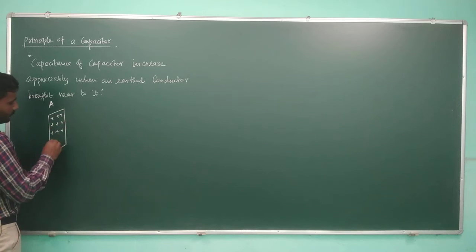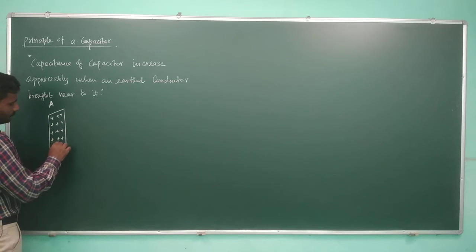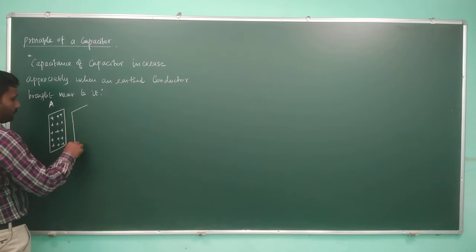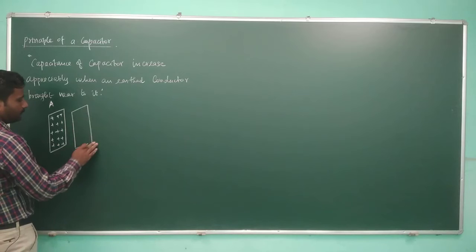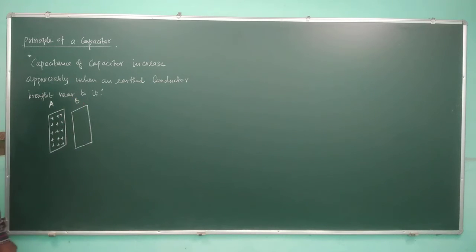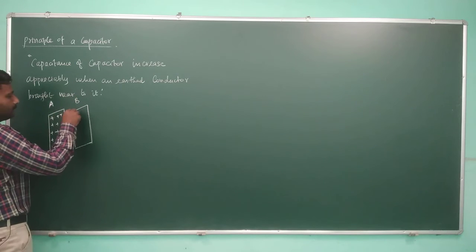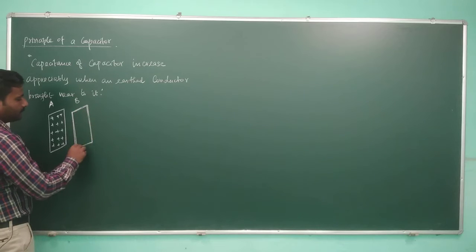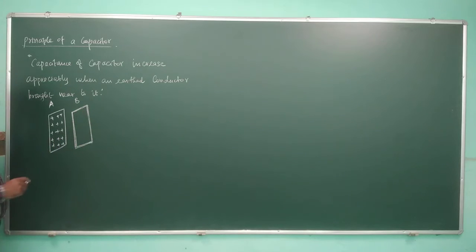Now suppose we bring another conductor B, a plate with some thickness, near to plate A, and this plate is also charged. What will happen? Not charged, it's a conducting plate.